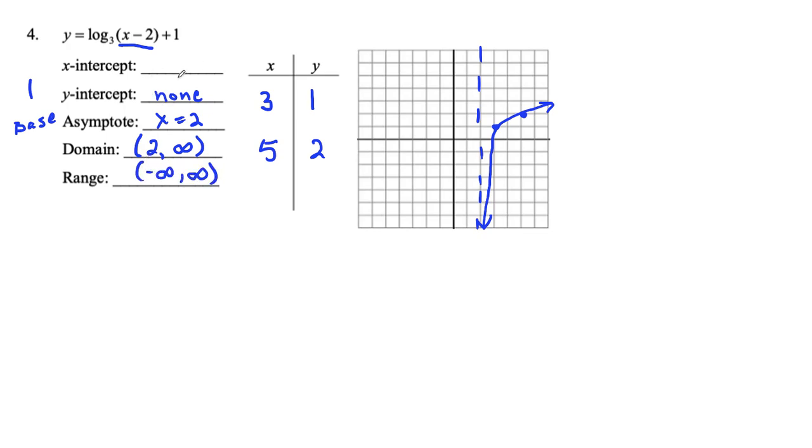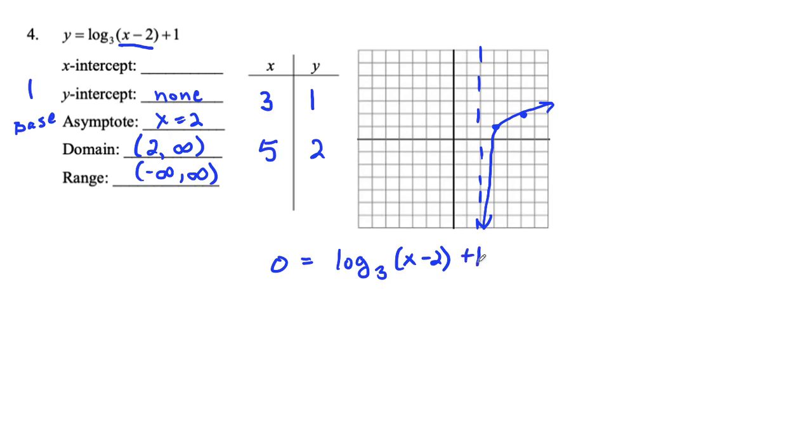All right, and then let's think about our x-intercept. Our x-intercept is going to be pretty close to 2, as I just analyzed that graph. I didn't draw my graph very well, but it is going to be pretty close to 2. So we know to find an x-intercept, we're just going to set this function equal to 0. So we get 0 equals log base 3 of (x minus 2) plus 1.